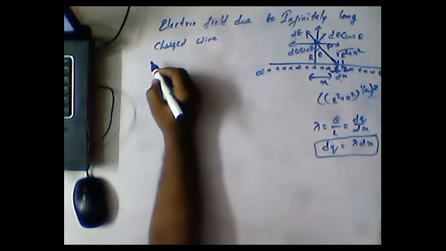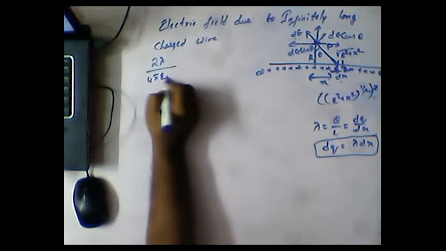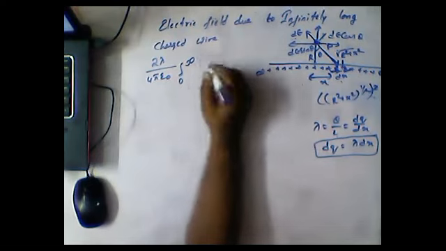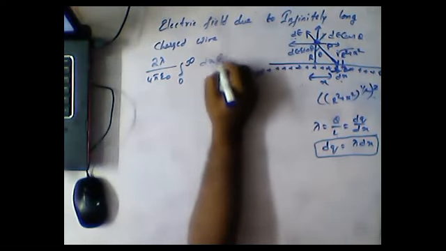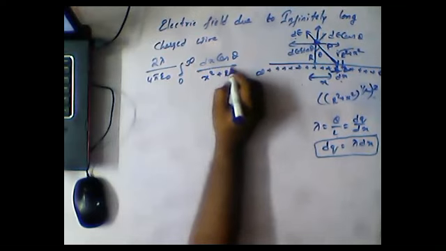Okay, guys, solving that 1 by r square plus x square is a little complicated one. The equation we got is 2 lambda by 4 pi epsilon, integration 0 to infinity, dx cos theta by x square plus r square.